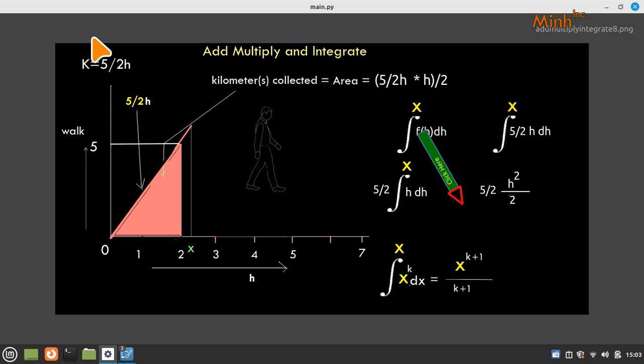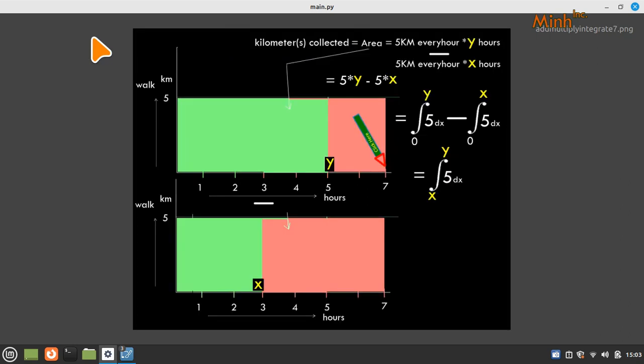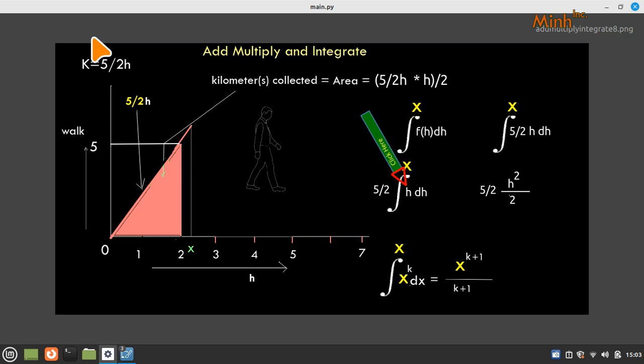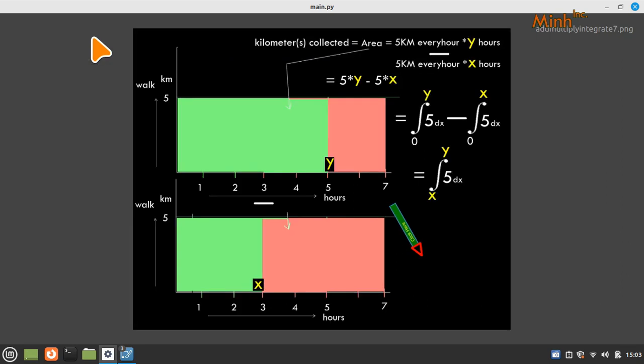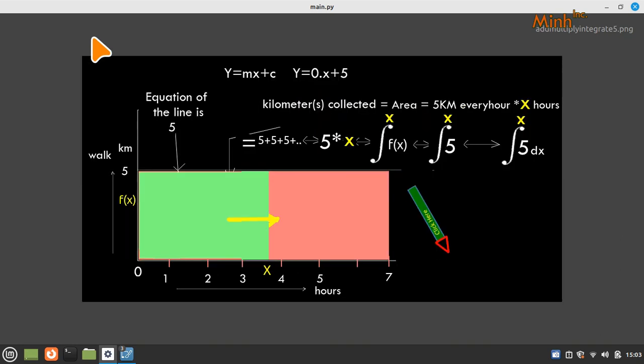Okay, so we started with h to the power 0. In the rectangle it is constant. If it is h to the power 0, then it becomes 0 plus 1, that is 1, divided by 0 plus 1, only x. So that's what we saw. This area is only x.